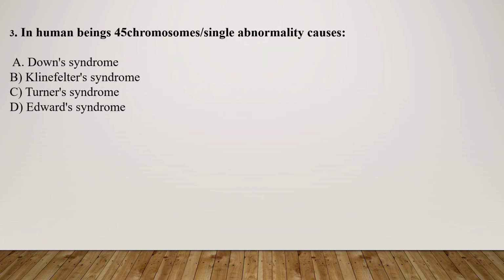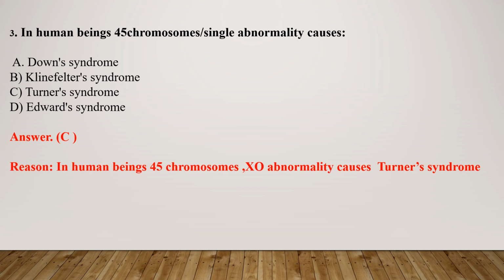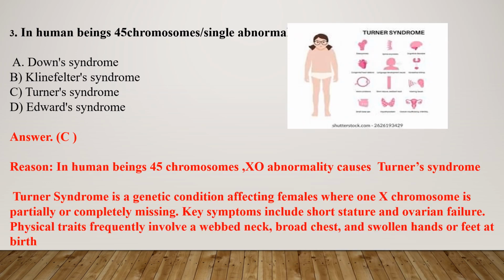In human beings, 45 chromosomes, a single chromosome abnormality causes which syndrome: Down syndrome, Klinefelter syndrome, Turner syndrome, or Edwards syndrome? The answer is C, that is Turner syndrome, because 45 chromosomes, that means XO, a single chromosome abnormality, causes Turner syndrome.